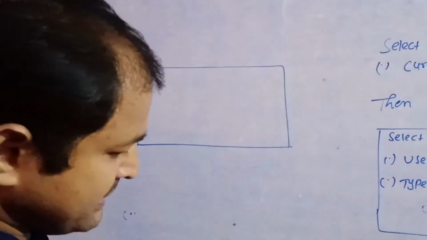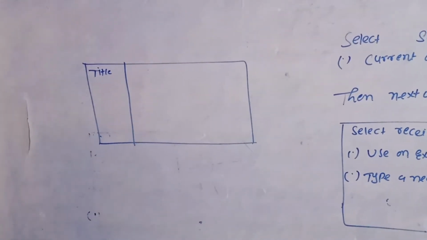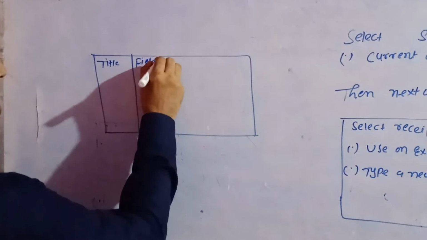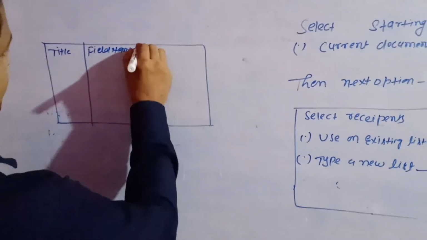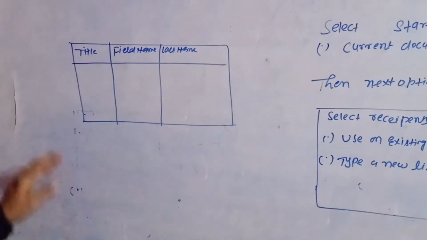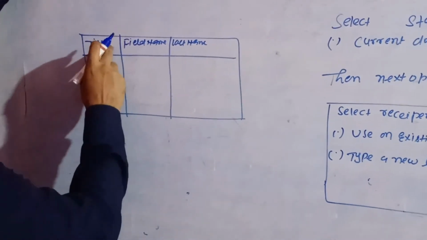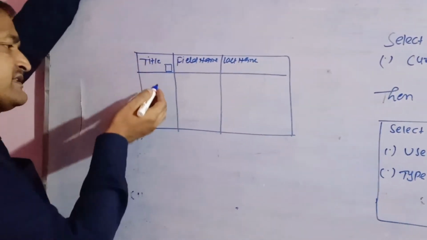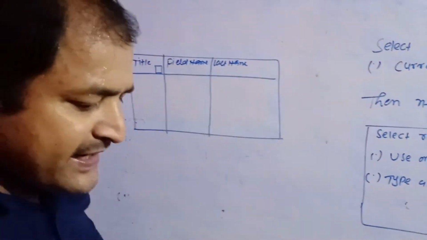This window is related to the title, first name, last name, and there are so many criteria involved in this dialog box. For the title you click with the mouse pointer, then so many titles appear in front of you, but you can add a new field.